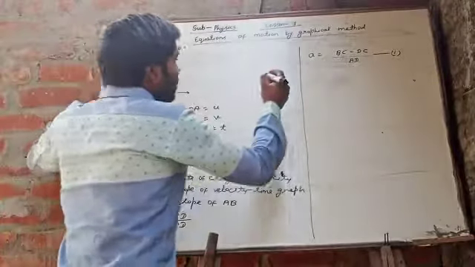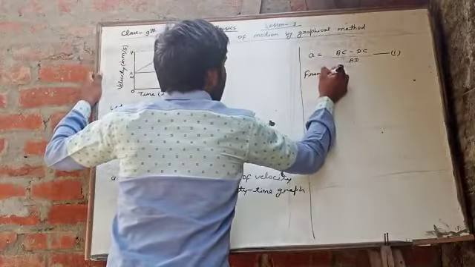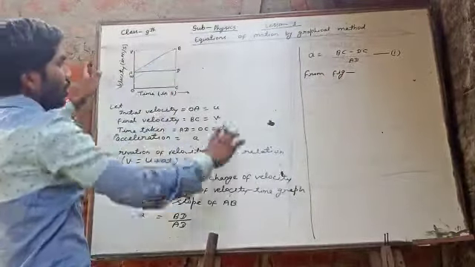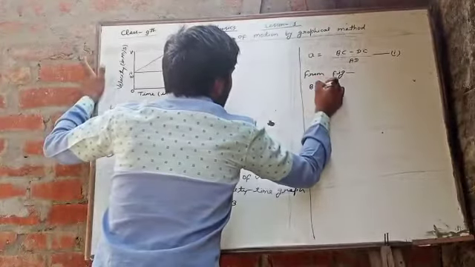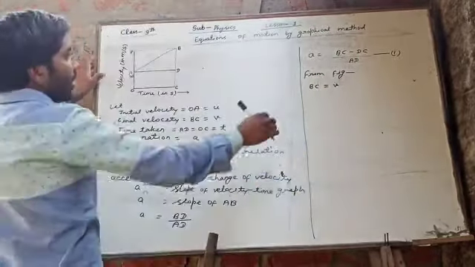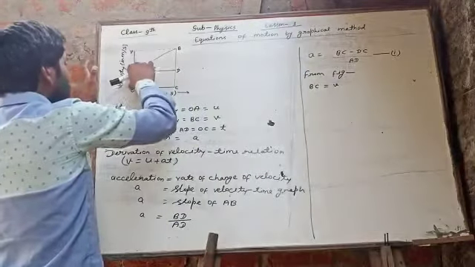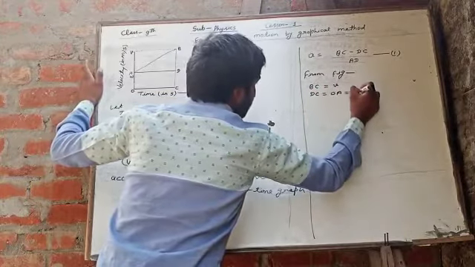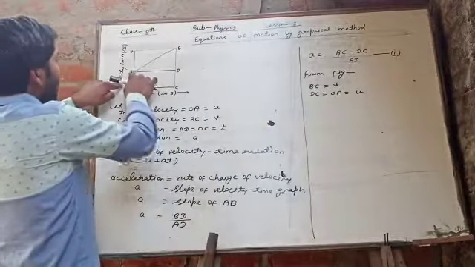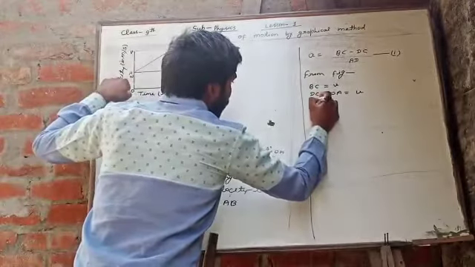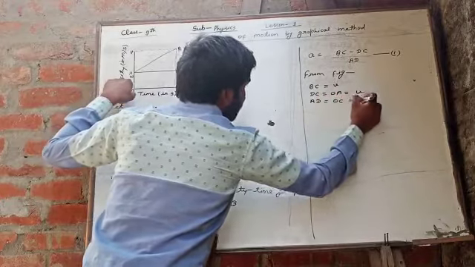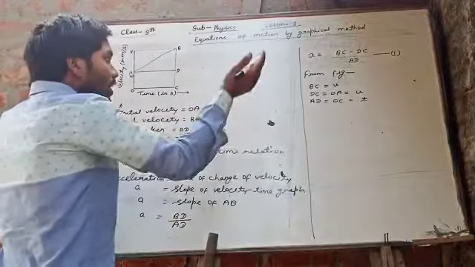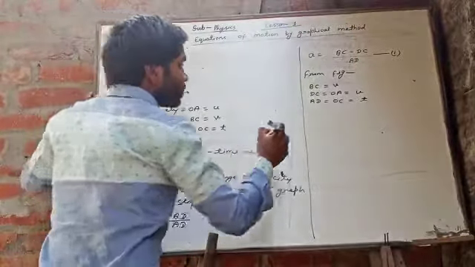Now from the figure, BC is equal to V, and DC means OA, so DC is equal to OA, which is U, and AD is equal to OC, which is T. So now we will put these values in equation number 1.